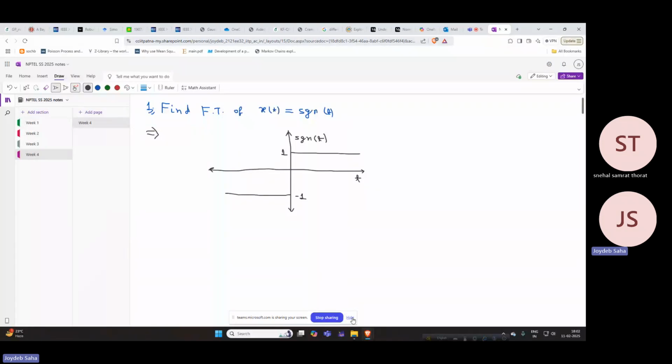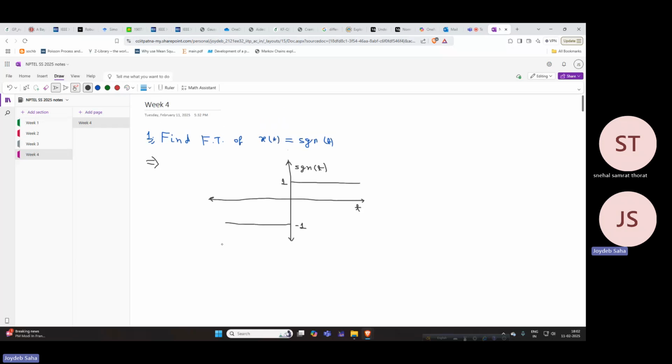So now it looks easy to solve the Fourier transform, right? So we have to find the Fourier transform of x(t) is equal to the signum function t. And what is the signum function? For t greater than 0, its value is 1, and for t less than 0, its value is -1.